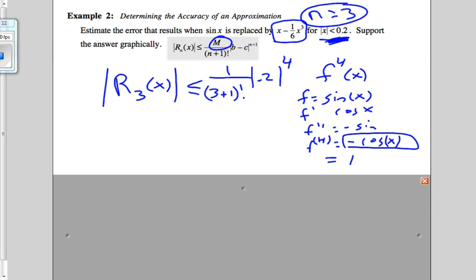And if we evaluate this using a calculator or quickly doing some mental math, this value is in fact equal to 0.000067. So our error is less than or equal to 0.000067. So it's a very accurate approximation there. And we'll start with another video continuing on with this error analysis.